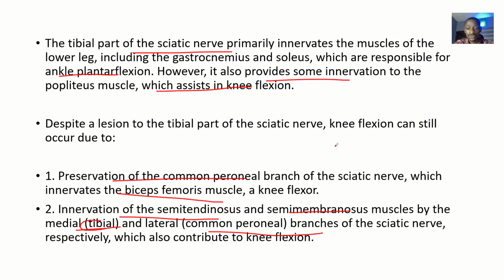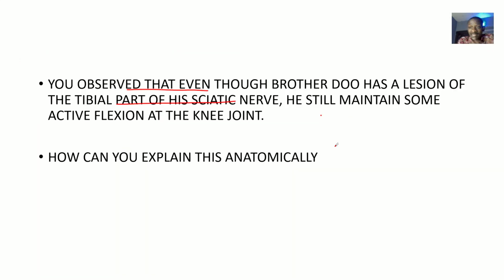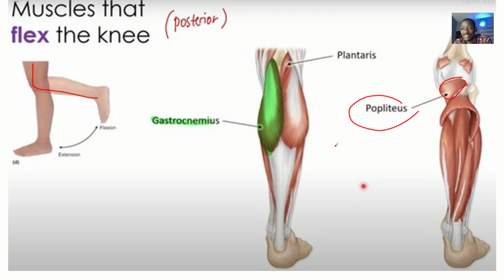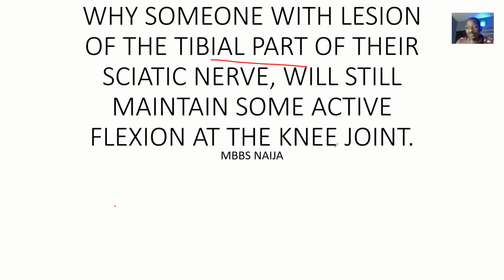So those are the things that are affected as a result of a lesion of the tibial part of the sciatic nerve. Then some other things are preserved because their nerve supply is not affected. So that's just how you build up your points and you'll be able to actually answer this question. So that's it.